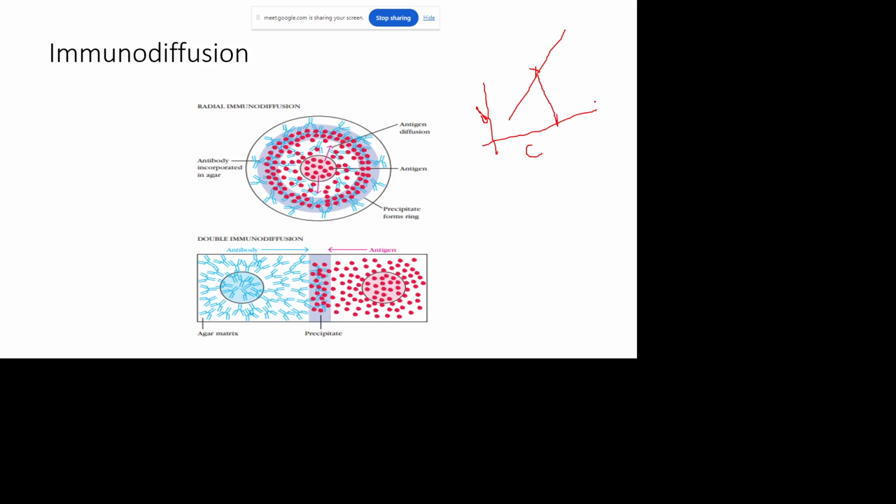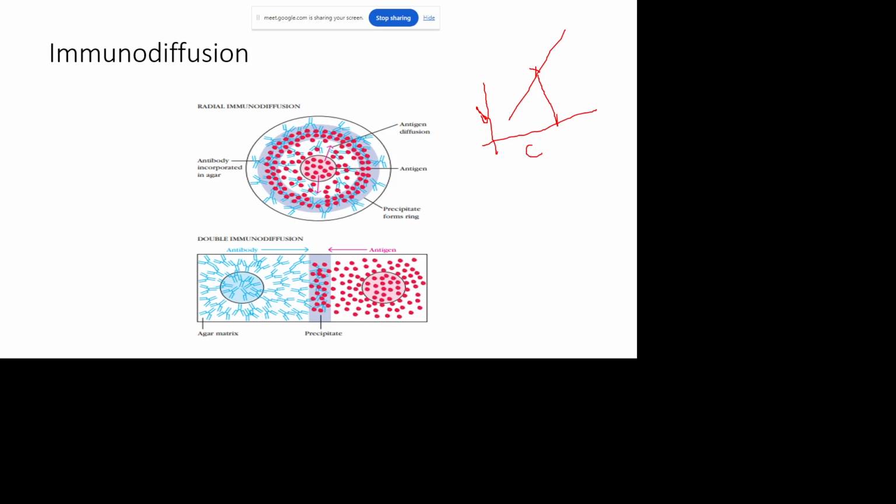So the distance versus concentration graph will give you the concentration of the antigen, right? That is called radial immunodiffusion, and this precipitation line will be formed when the radius of migration is such that the amount of antibody will be equal to the amount of antigen. Then it will give you a precipitation line, right?